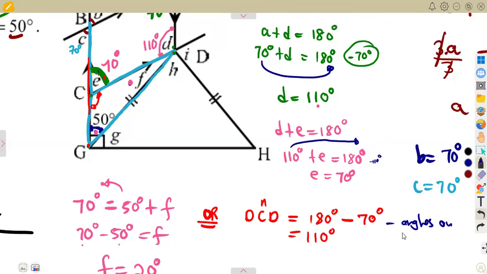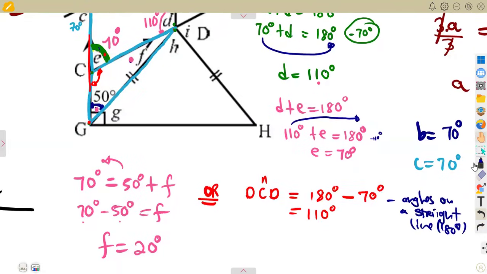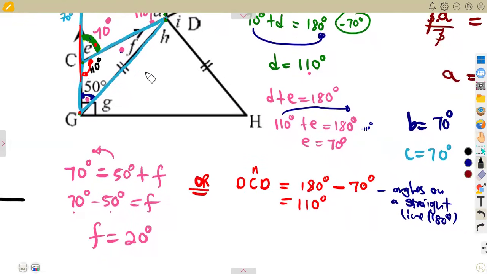Angles on a straight line add up to 180 degrees. So this angle DCG, which we calculated now, is 110 degrees.